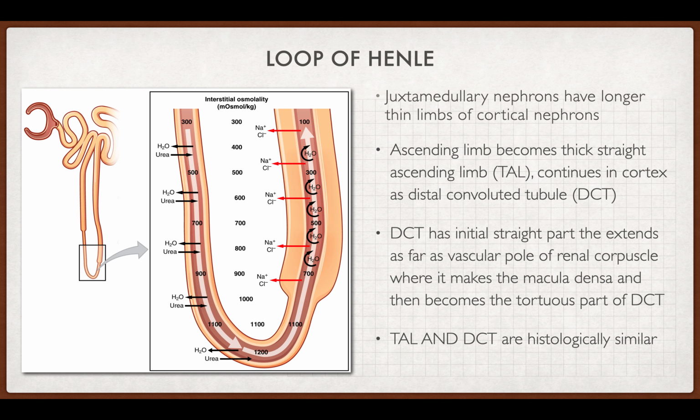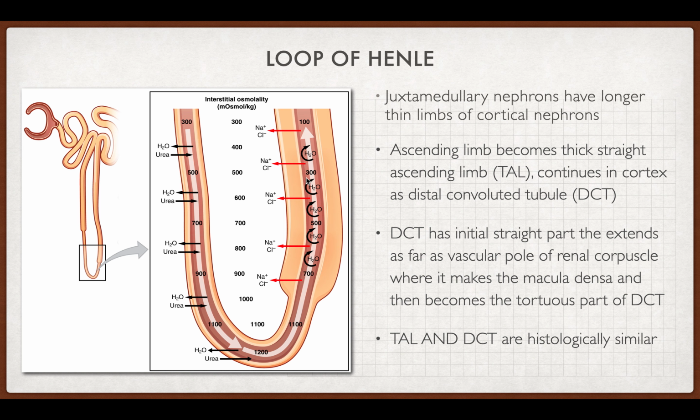Okay, so the loop of Henle is the main ion concentrator and regulator of the system, and the juxtamedullary nephrons will have longer thin limbs than the cortical nephrons.